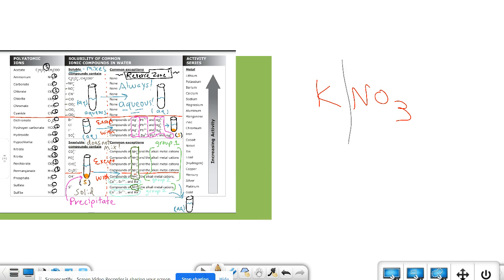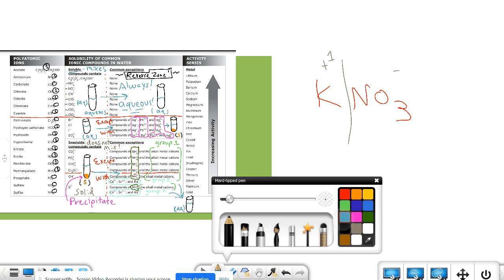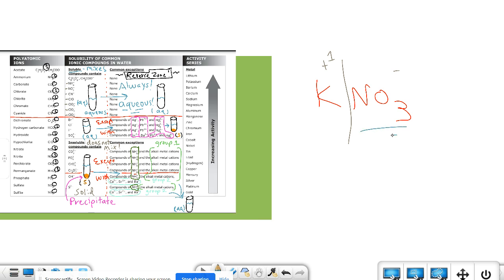Boom. This is going way back to last semester, but on the periodic table, this has a plus one charge, and on the back of your periodic table, this has a negative one charge. Sometimes you'll see it like that. The anion, which is the second one, will usually be the one that you can look at all the time.